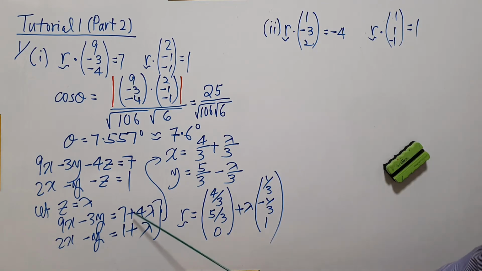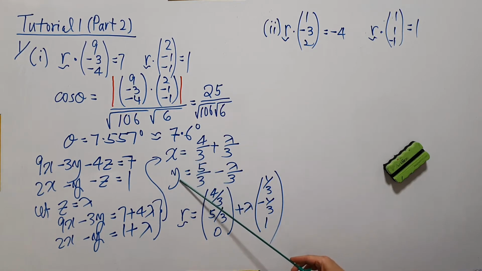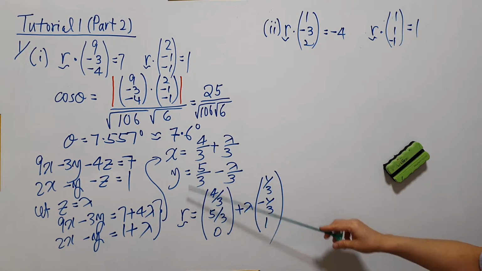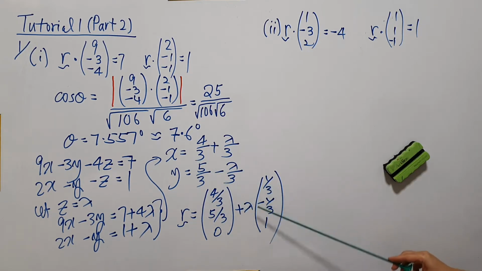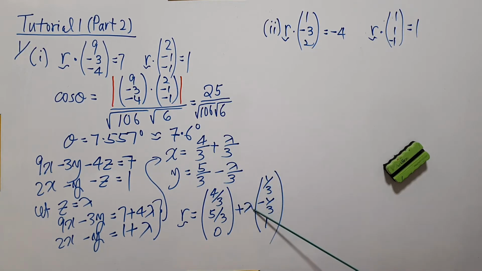After I've solved for x and y in terms of lambda, to write down the equation of the line, I put x, y, z in this form. The x will be 4/3 plus 1/3 lambda. For y it is 5/3 minus 1/3 lambda, and for z it is just lambda. So this is your equation of the line of intersection between the two planes.